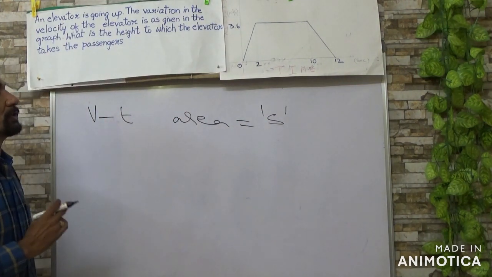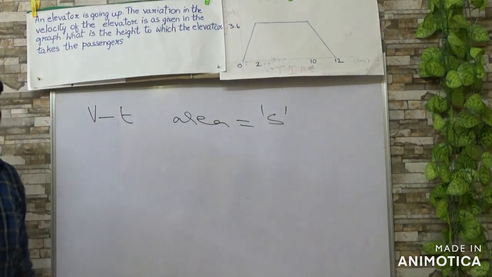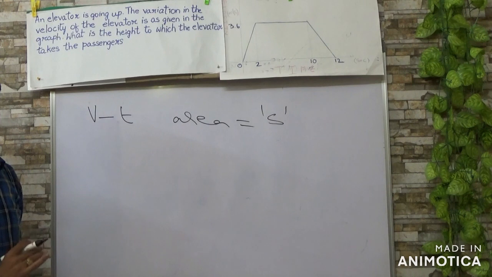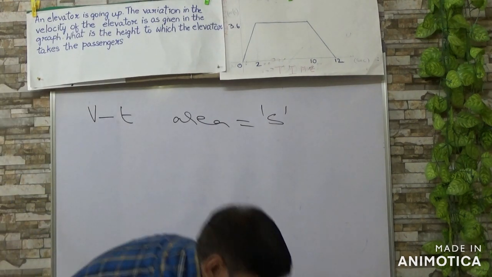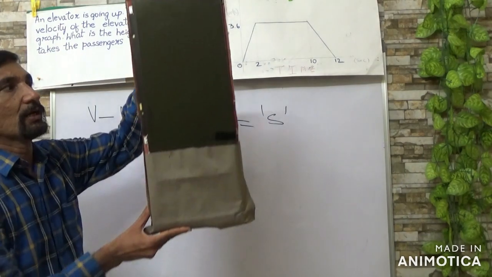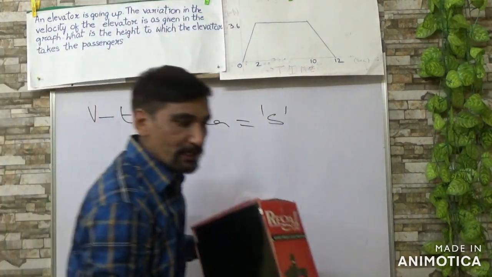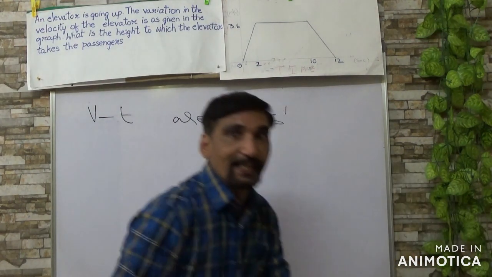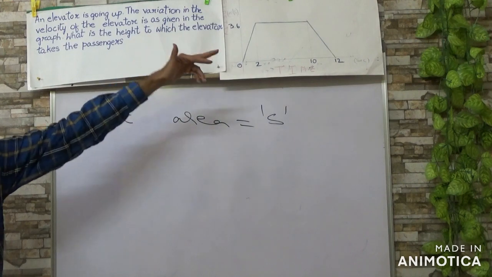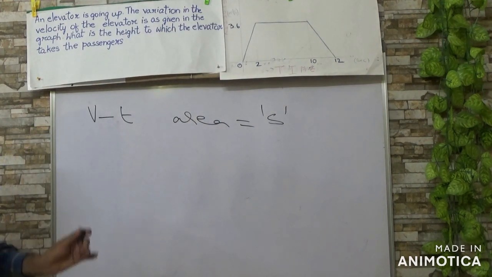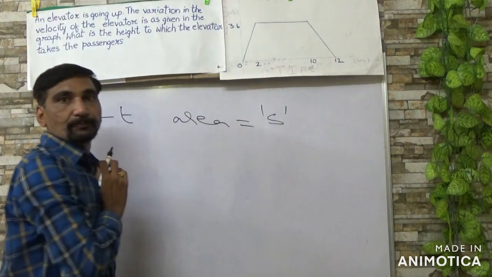Now, so area of V versus T gives displacement, nothing but you can say position. So the problem is there is one elevator moving upwards with speed 3.6 meter per second. So you want to know its position after 12 seconds. So you know this graph.